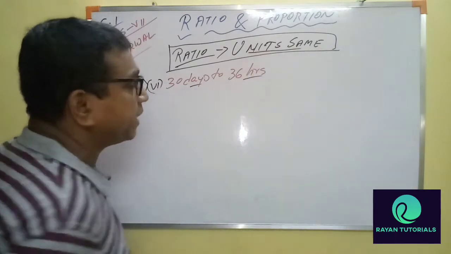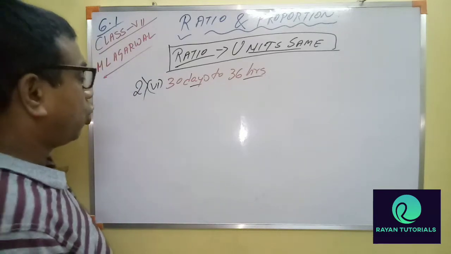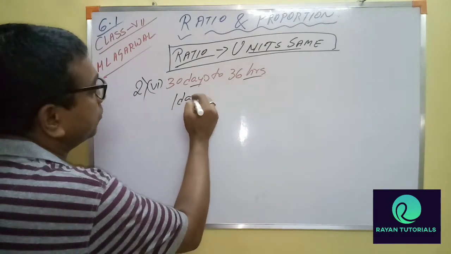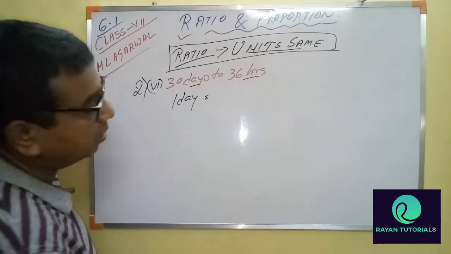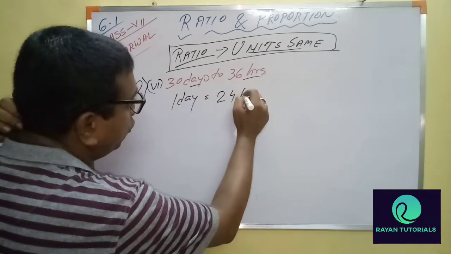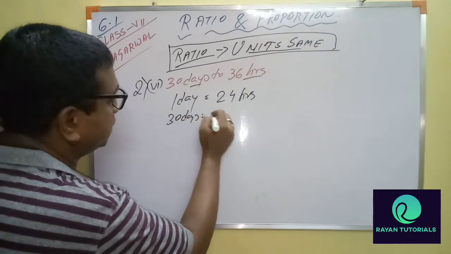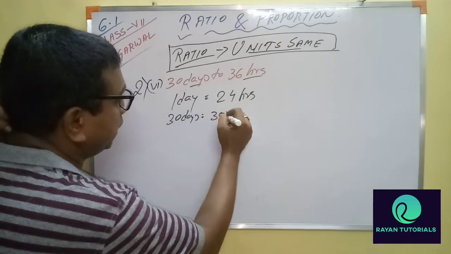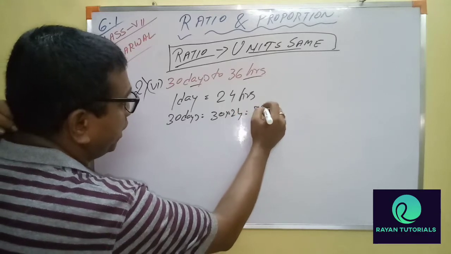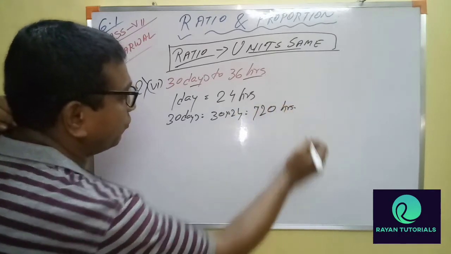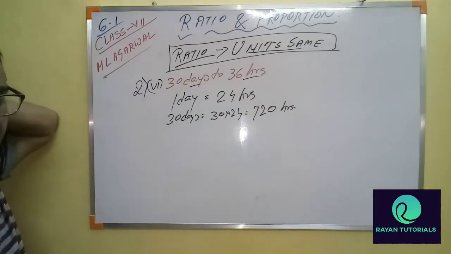So I have to make it in the same unit. 1 day equals how many hours? 24 hours. That means 30 days is equal to 30 into 24, which is 720 hours, right?